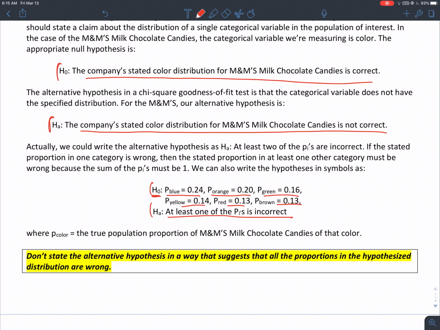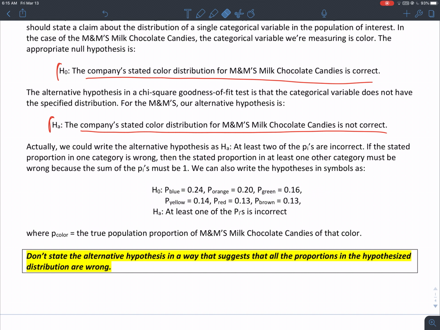And if one of them is incorrect, the whole claim is out the window, basically. So if one of these is incorrect, then I can say that I will be statistically significantly incorrect, and I will reject the null hypothesis.